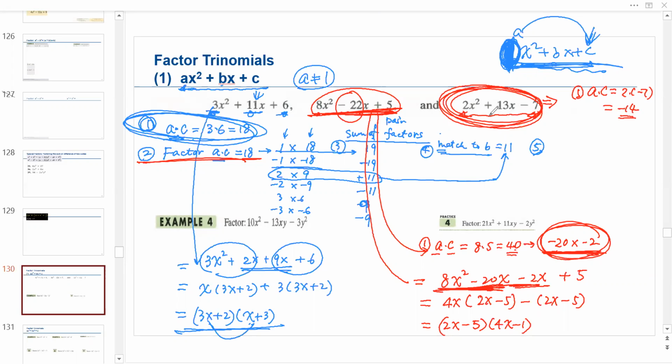Factor them, making sure the sum of them exactly matches 13. It would be what? 14 times -1. So it means this one equals 2x squared plus 14x. I cannot write too much, right? You guys do the rest.